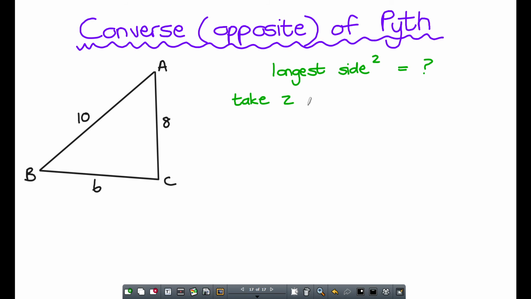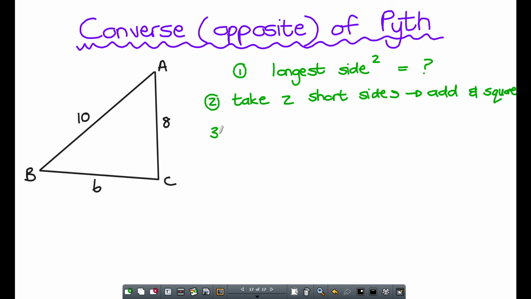So then we take the 2 short sides, and we're going to add and square that. Can you see I'm doing bits and pieces of Pythagoras? And then we see, okay, so that was step 1. This is step 2.